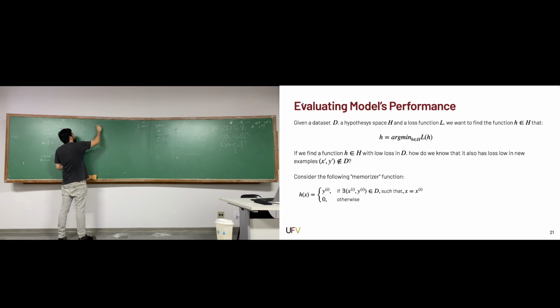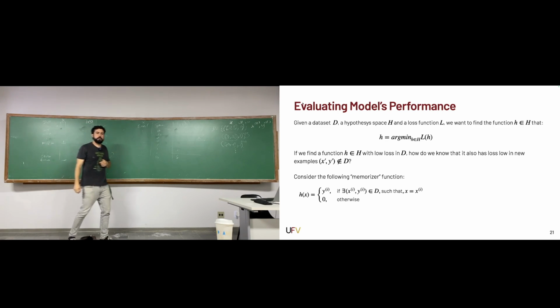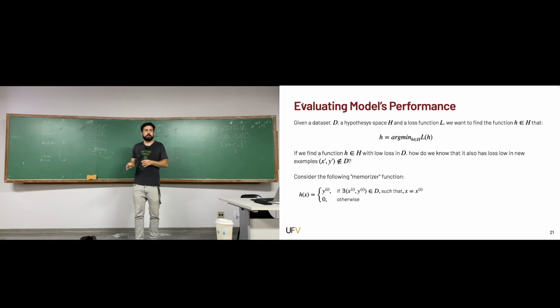This is my x1, y1, and then I have x2, y2, so on and so forth until xm, ym. So this is my function. It's this table. So if you give me an example, I'm going to look for this given x in my table. If it's there, I return the y. That's it. That's the function.